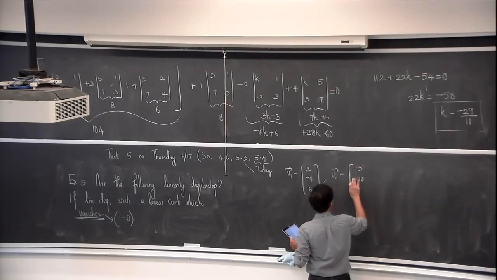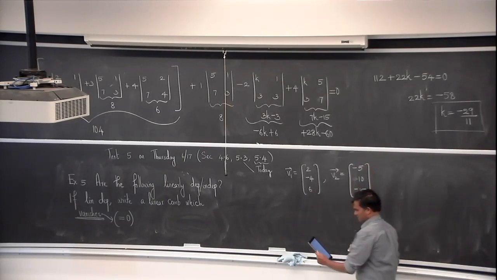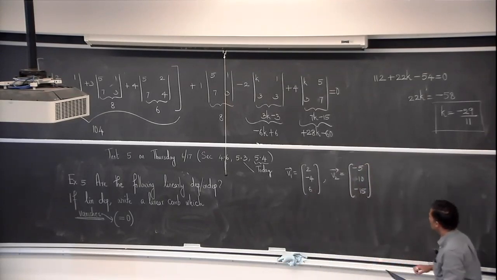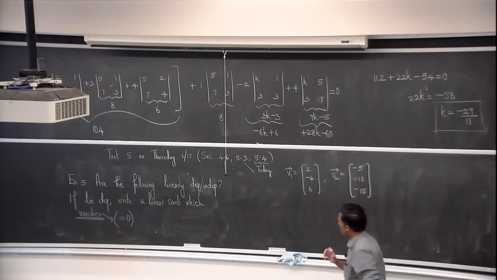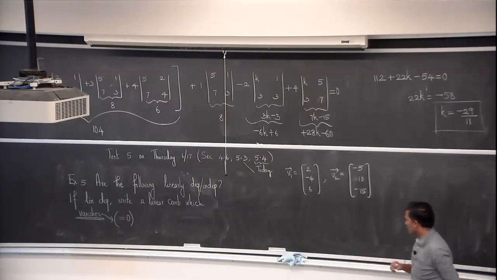Sorry. Some of you might be able to look and say, oh, I already see a relationship, but it's not very obvious. Okay. So the question is, are these dependent or independent?